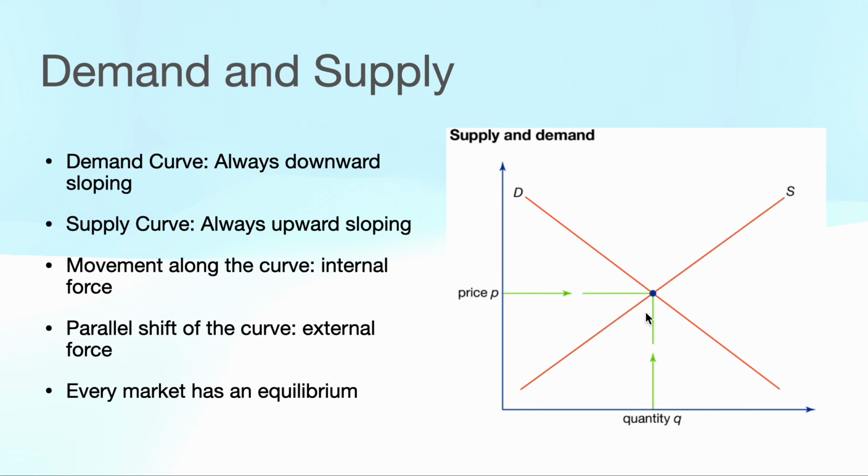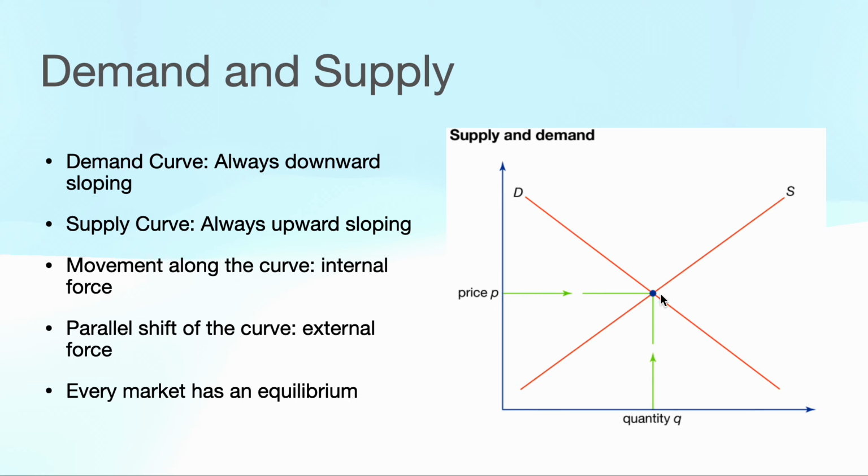By the same logic, if the current price is below price P, somewhere here, then you have more demand and less supply, so there's an over demand of the product. In that case, what will consumers do? Well, they will be willing to pay a higher price. As consumers pay a higher price, suppliers are incentivized to produce more.